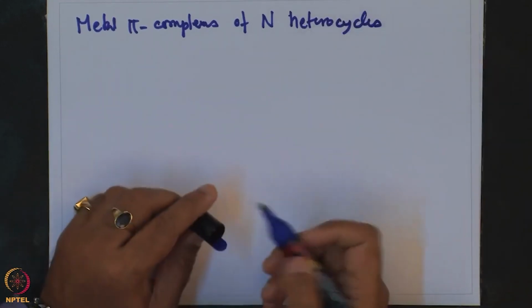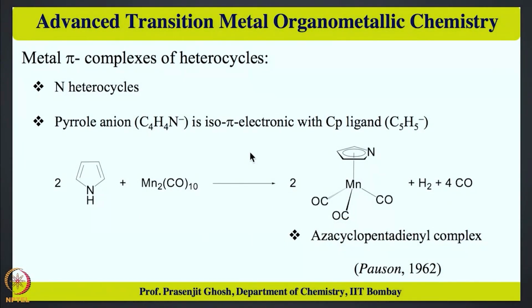So, these are prepared from pyrrole anion. In this case, the nitrogen based heterocycles, one has to remember that the pyrrole anion is isoelectronic with the Cp ligand.